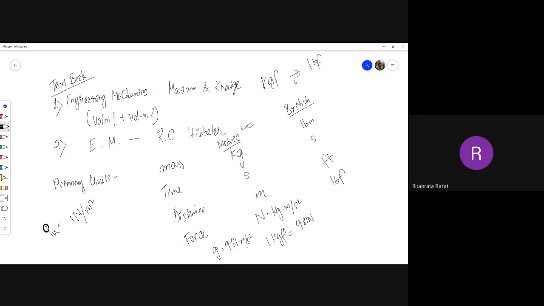The question is, how does that relation work out? Where does it come from? You know that kgf and lbf have such a relation, but where does that relation originate?